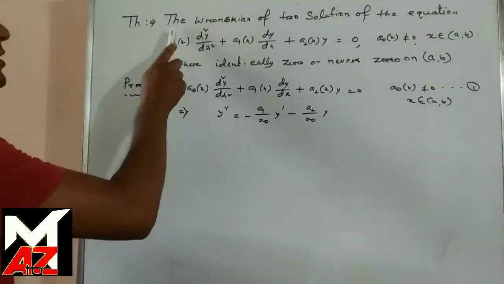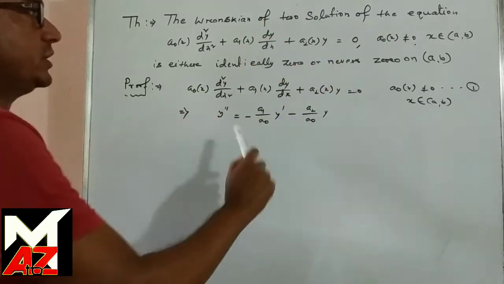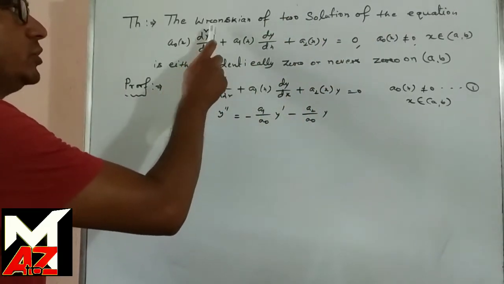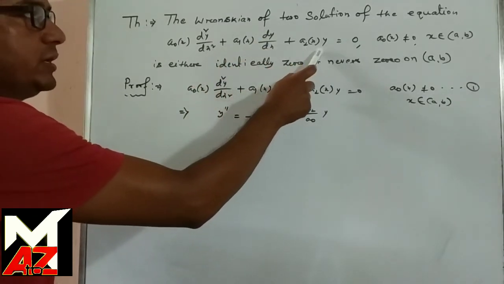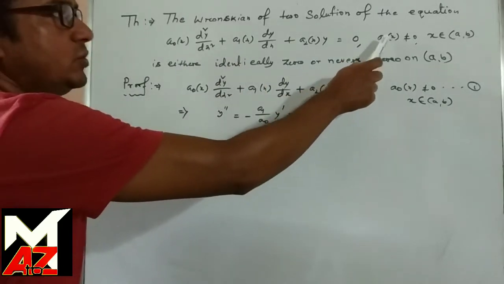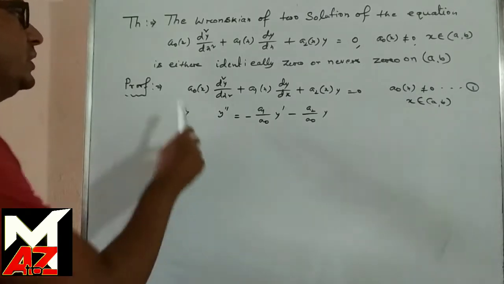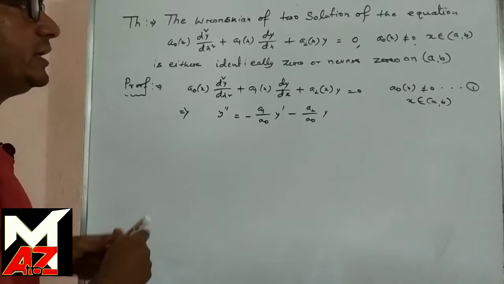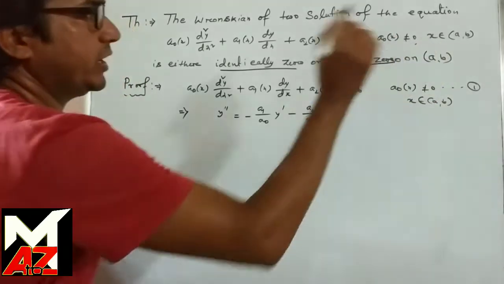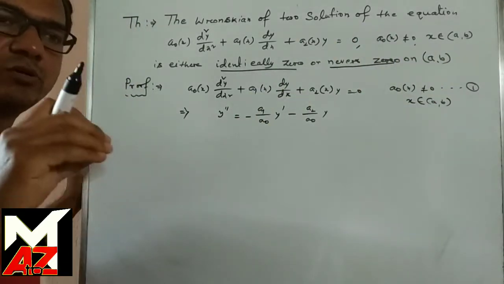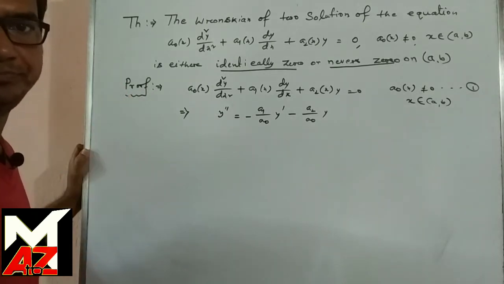The Wronskian of two solutions of the equation a0(x) d²y/dx² + a1(x) dy/dx + a2 y = 0, where a0(x) ≠ 0 and x belongs to the open interval (a, b), is either identically 0 or never 0 on (a, b). Okay, that is, the Wronskian is either identically 0 on (a, b) or never 0 on (a, b).